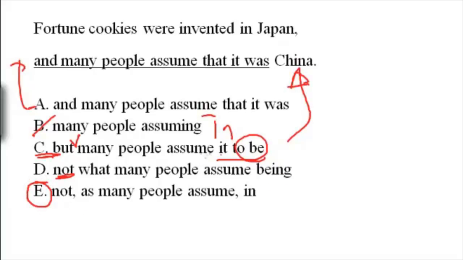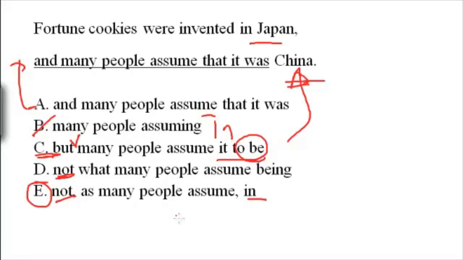Okay, E says, so what is the non-essential information that we just learned about, right? The main idea is fortune cookies were invented in Japan, not in China. Right? That's the main idea. And so what is the extra information or extra phrase that they inserted in here? The non-essential information. It's this. As many people assume.